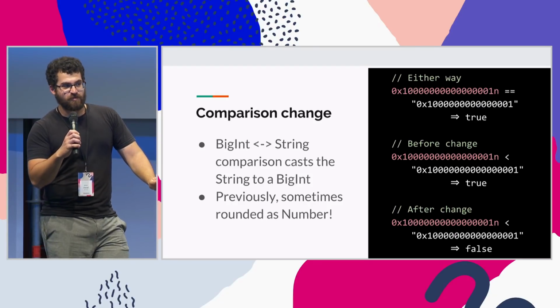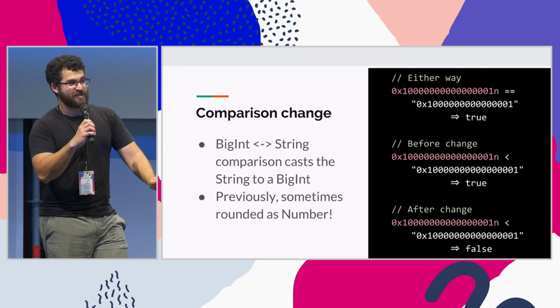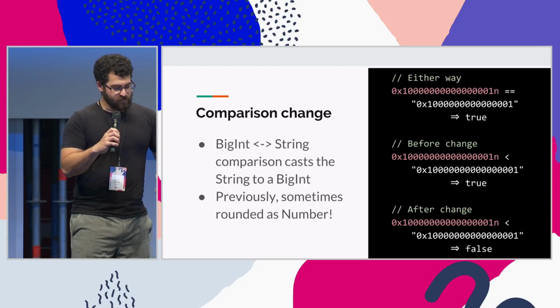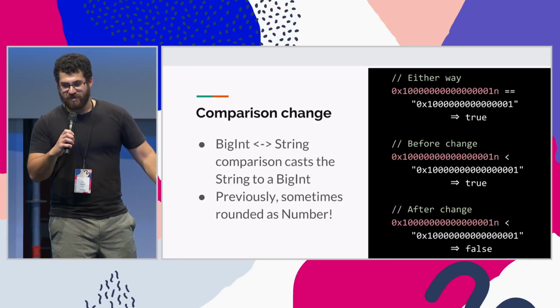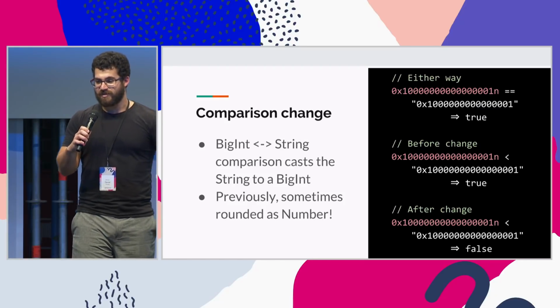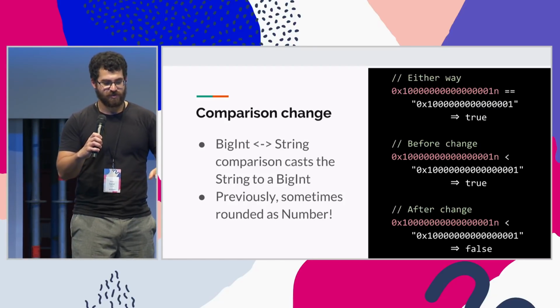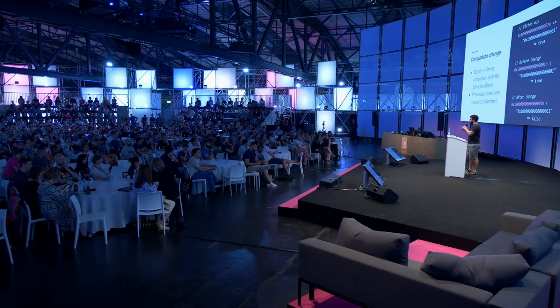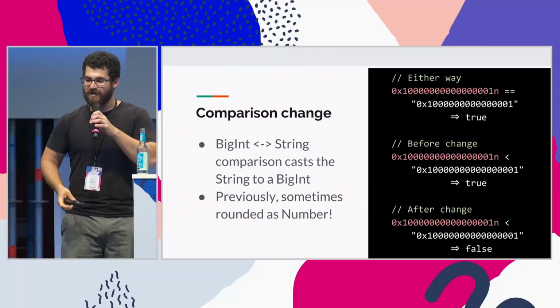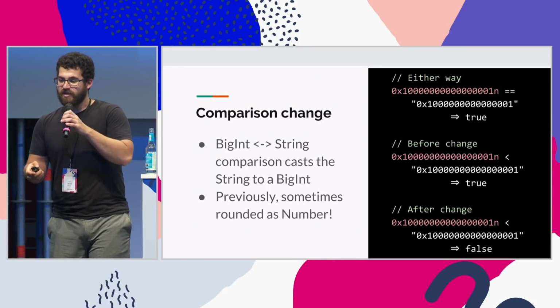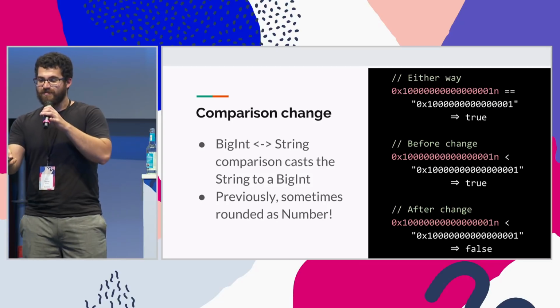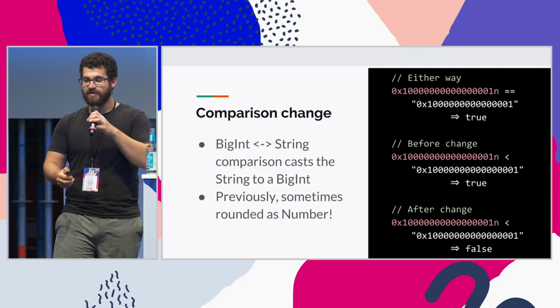And so to make sure that BigInt is consistent with numbers, we did that same behavior in BigInt. But we accidentally, in this second case here, we're converting the BigInt to a number, and it would compare as less than when it's actually the same value, because that number would be rounding down.